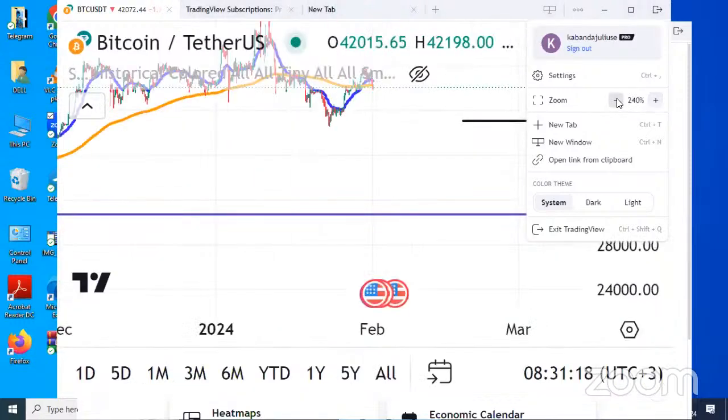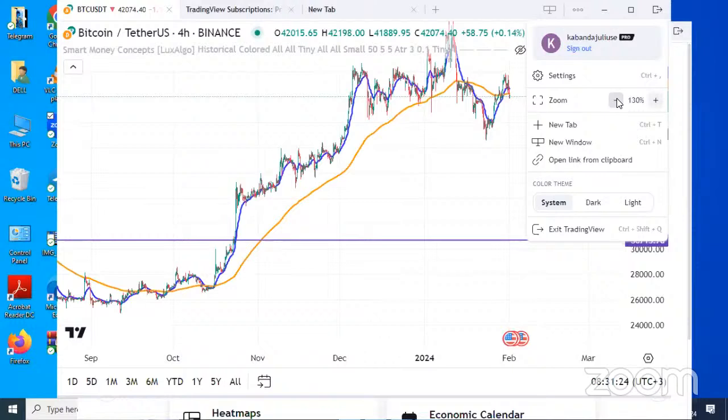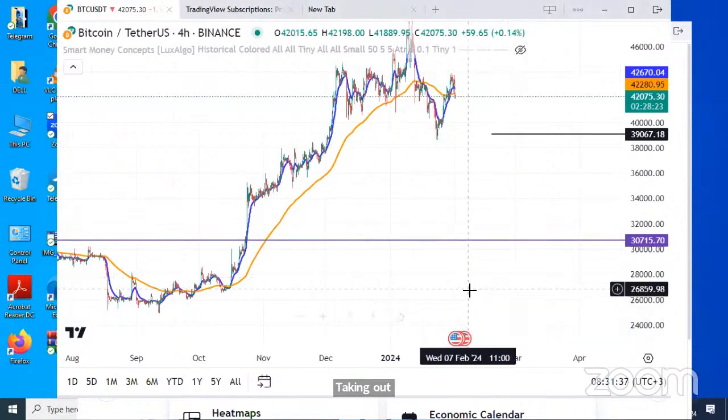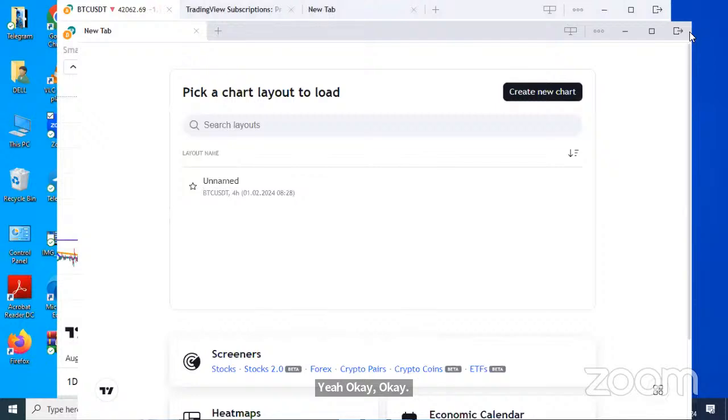Let me see. I want to get my tools, but this technology is not here. Okay, let me just close. Nobody is guiding. I'll just close this chat and open a new one. I don't see anybody with the solution.